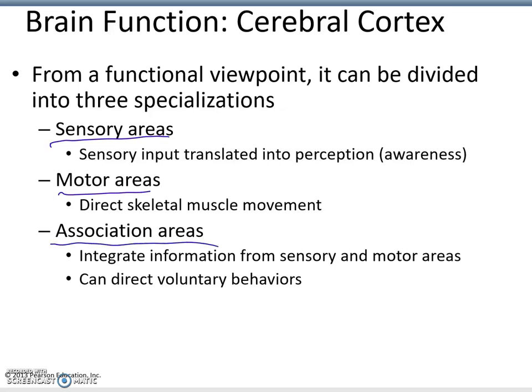In the sensory area, that's where sensory input is received and then translated into a perception of some sort. The motor areas are responsible for skeletal muscle movement and coordination, and then we have association areas.